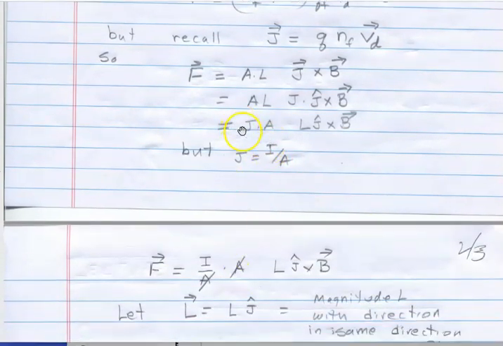And so when I make that substitution, the two A's go out, and I've got L and the J hat, that's the direction the current's going, crossed into B. And then I've got a nice little expression, provided I define this L vector as being the length of the straight line segment in the direction of J hat, which is also the direction of the current flow.